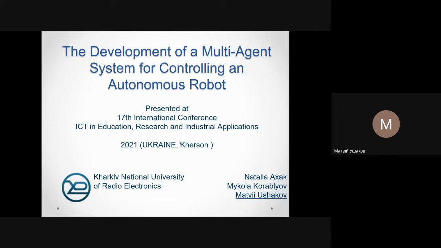So my name is again Matvey Ushakov, and we are with Natalia Aksak and Mykola Koroblev. We are all from Kharkiv National University of Radio Electronics, and our topic is the development of a multi-agent system for controlling autonomous robots.